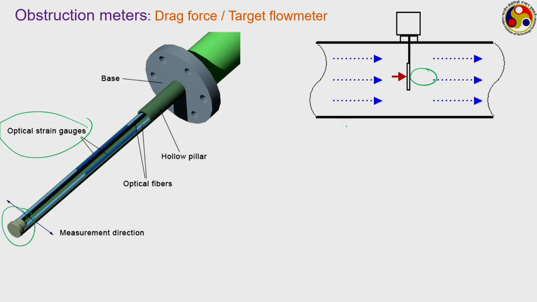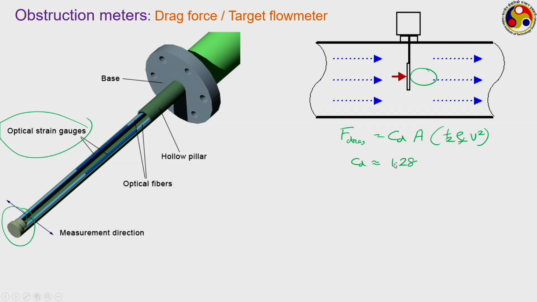Now, when fluid is flowing over this, the corresponding drag force can be seen to be CD into area of this obstacle into half rho f into v square. If we are dealing with a flat plate, CD is approximately 1.28.